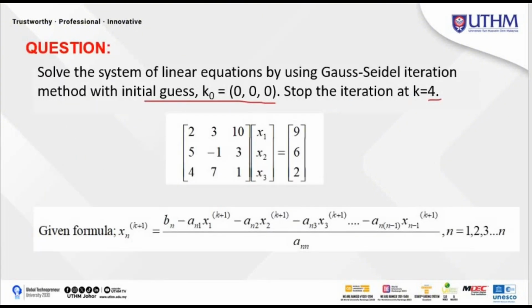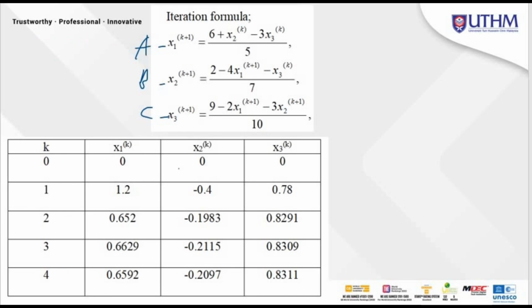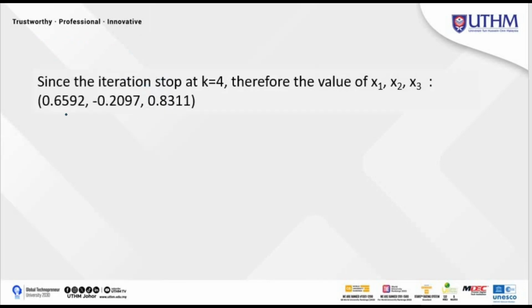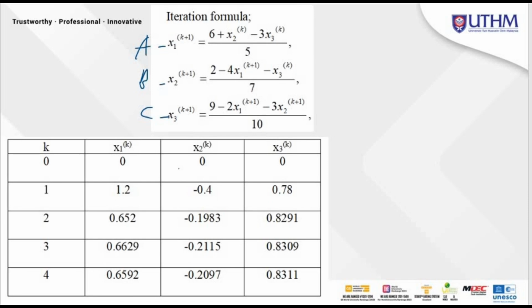So we stop here at K4. Therefore, for the values x1, x2, x3, we will use the last row. This is the answer for this question.